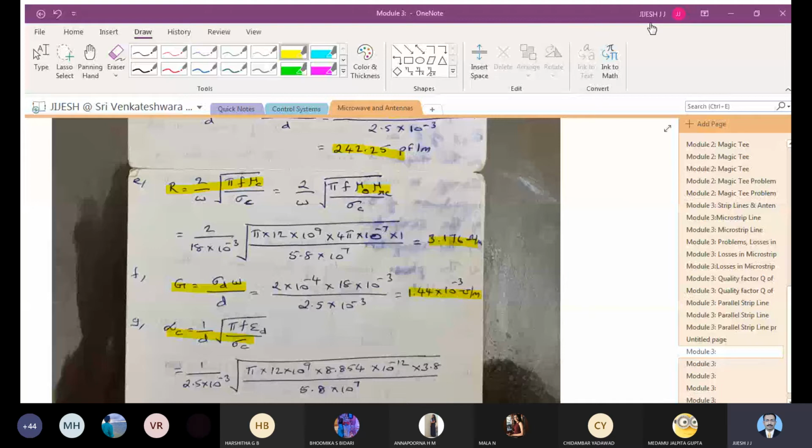So you get alpha C as what is the answer for alpha C? Any one of you have done that for alpha C?